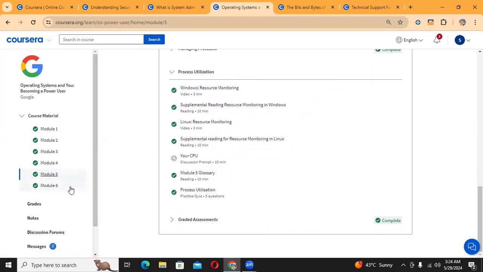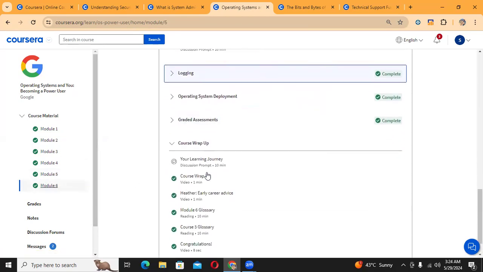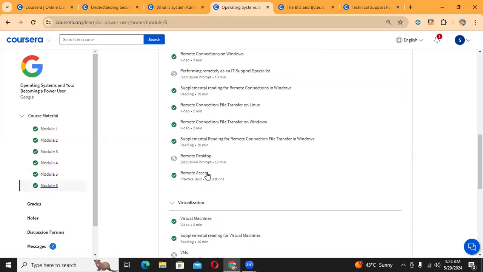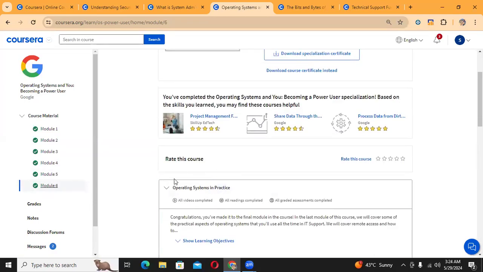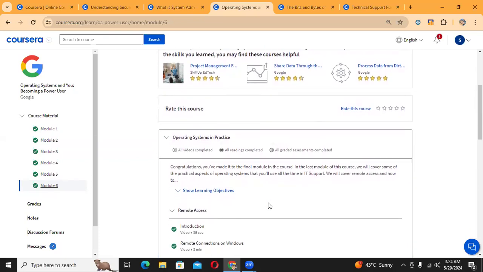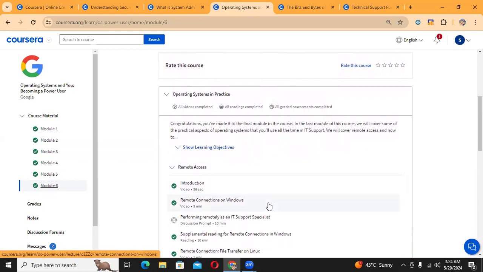In the sixth module, we will see operating system maintenance: routine maintenance tasks to keep operating systems running smoothly. It is about the health of the monitors.